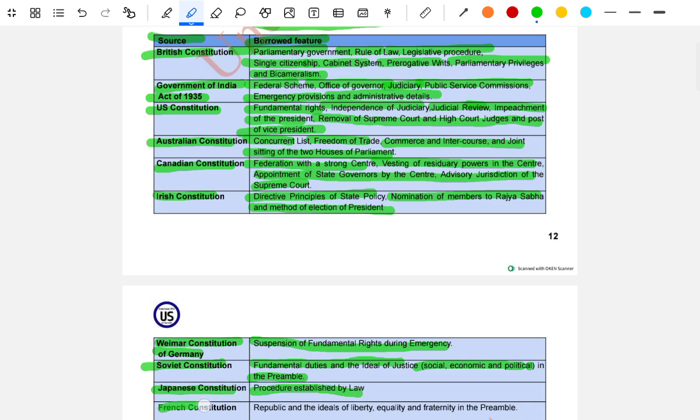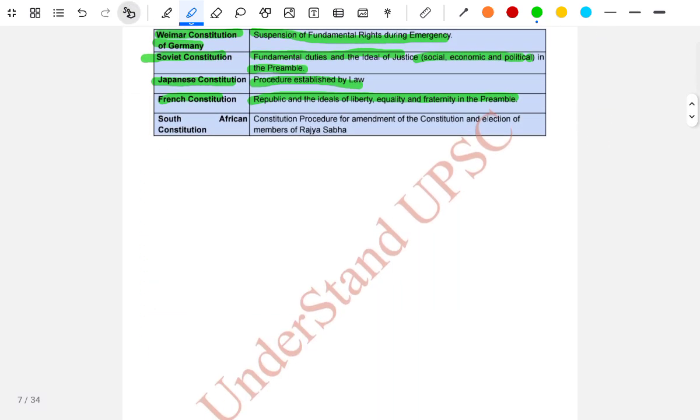The French Constitution: republic, and the ideals of liberty, equality and fraternity in the preamble. The South African Constitution: procedure of amendment of the Constitution and election of members of the Rajya Sabha.